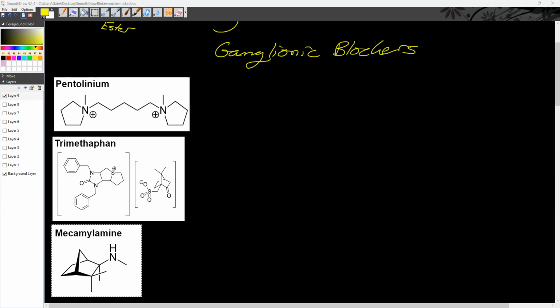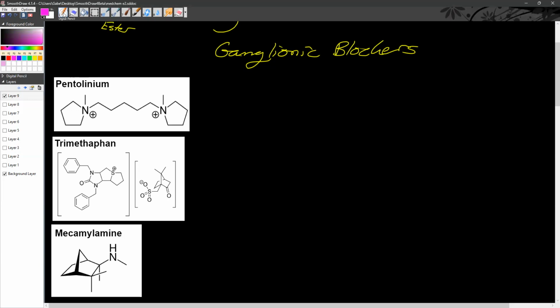The biggest thing that we care about in terms of these drugs is the space between the nitrogens, the number of carbons in the structure. So for example, in all of these drugs we have N plus, or S plus in the case of trimethophan. Same thing with mecalamine. We can easily protonate this amine and end up with N plus.